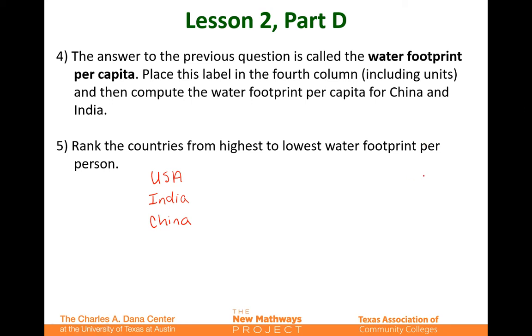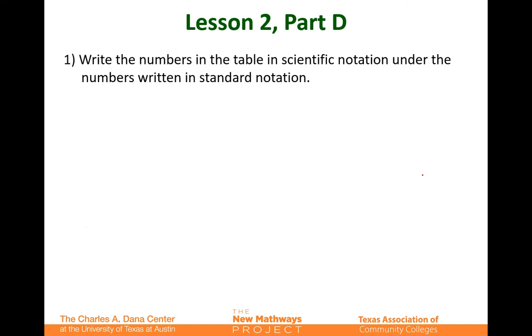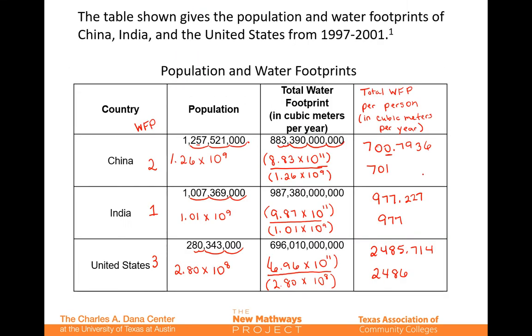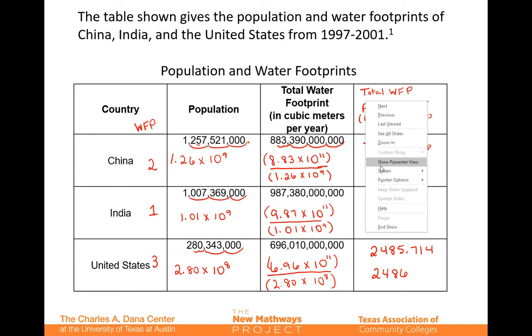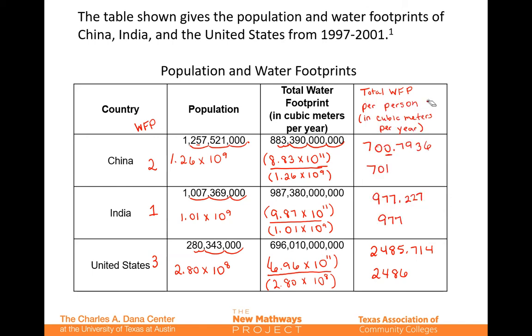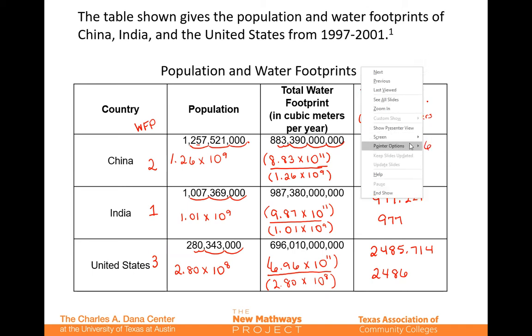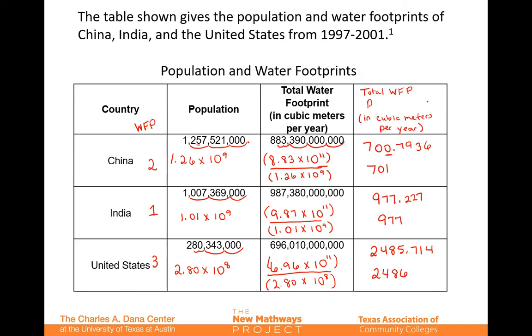Let's go back and look at how we labeled our column. I put total water footprint per person. I could have said per capita.